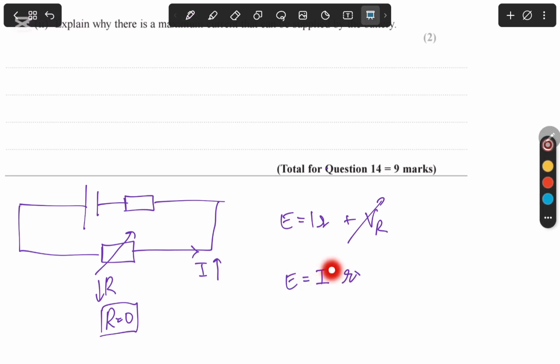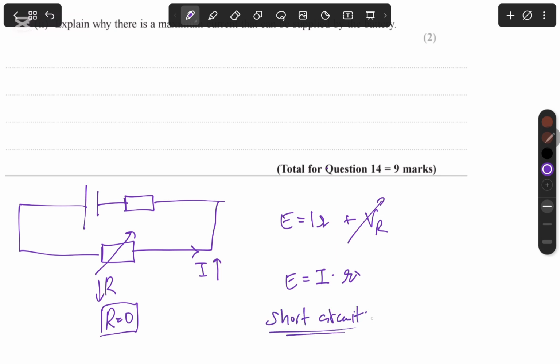And this is when the current will be maximum. Basically when your circuit is shorted. So we call this short circuit. That's when you will have the max current, when the potential difference across the internal resistance is equal to the EMF of the battery.